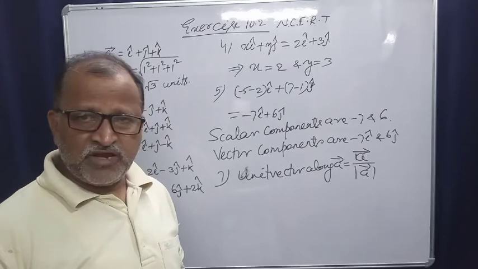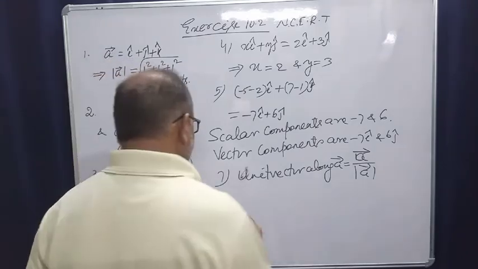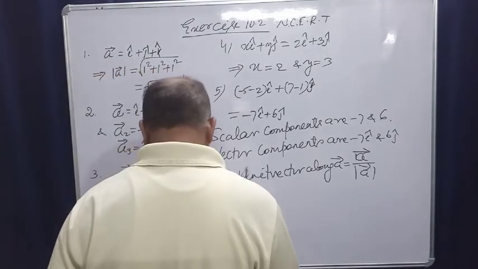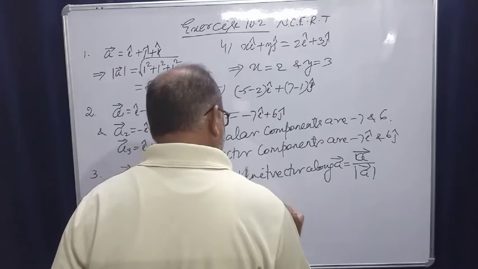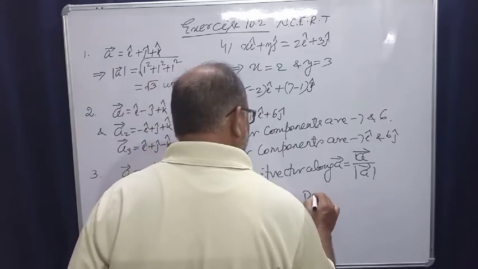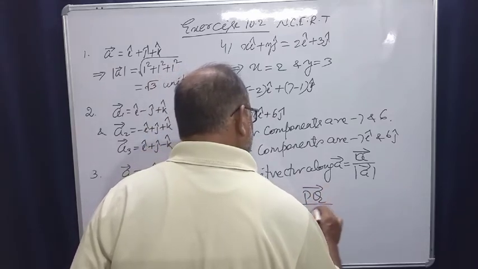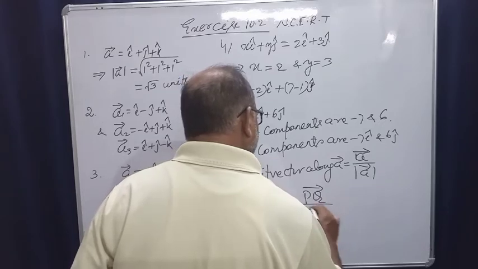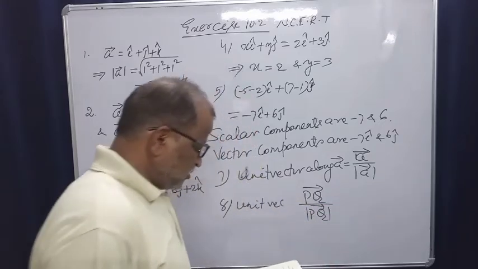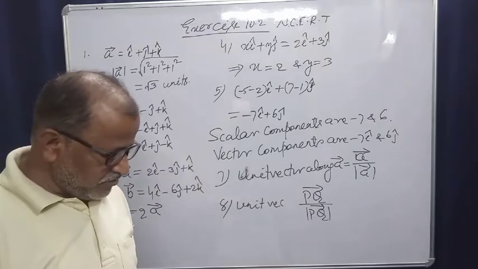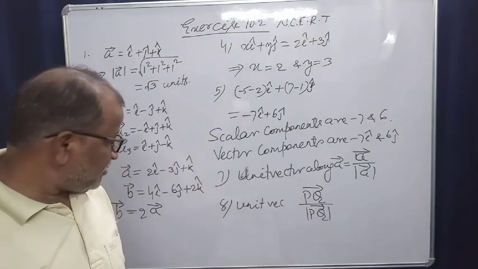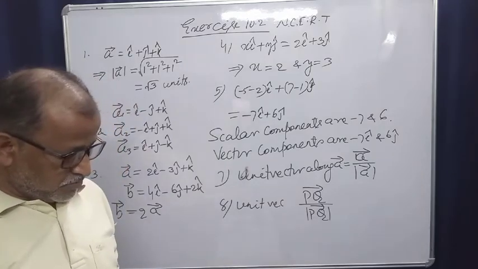P and Q are given. First find PQ. Unit vector will be PQ divided by magnitude of PQ. Very simple. Find the unit vector in the direction of PQ. Question number 8. Good.